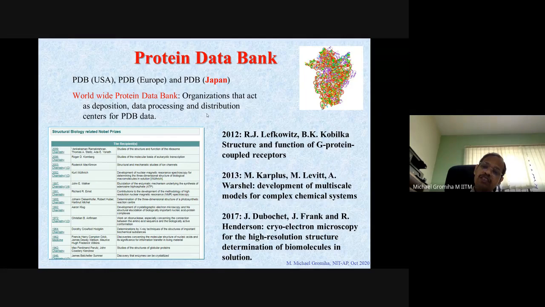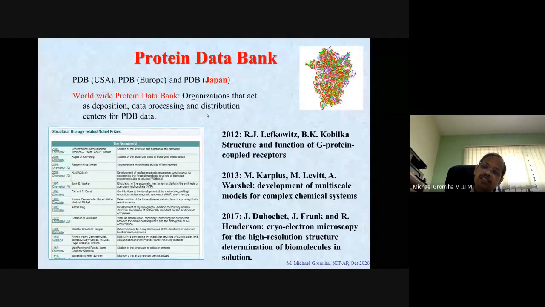How many structures do you expect are available in the Protein Data Bank compared with UniProt? UniProt has 189 million sequences, right? So how many structures do you expect in the Protein Data Bank? Approximately?